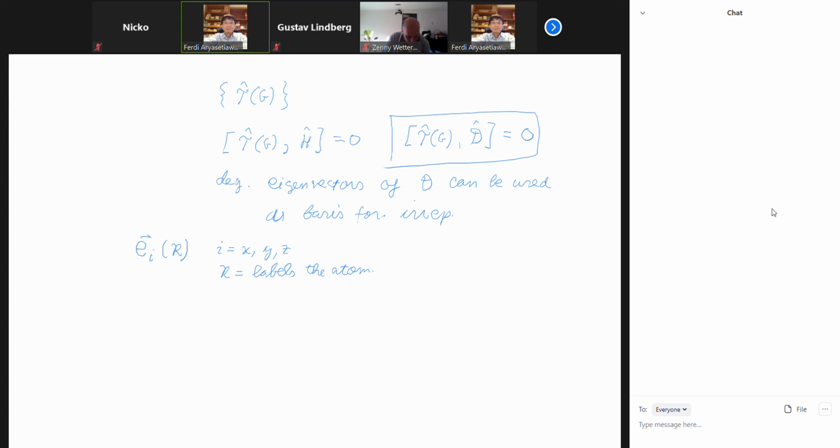This means that there will be 3n basis vectors, because each atom has 3 independent Cartesian components.